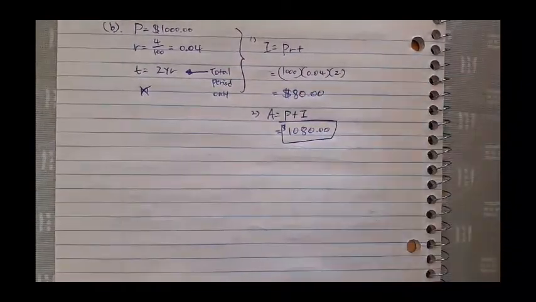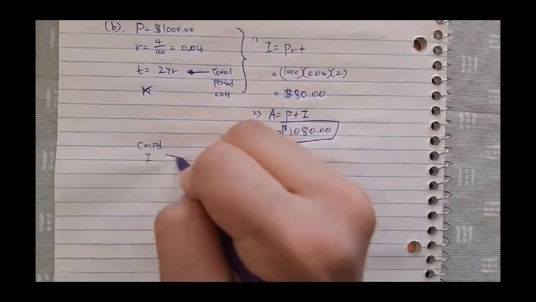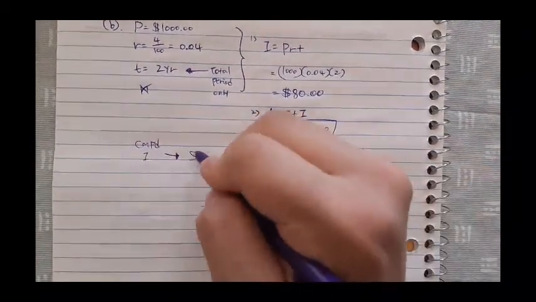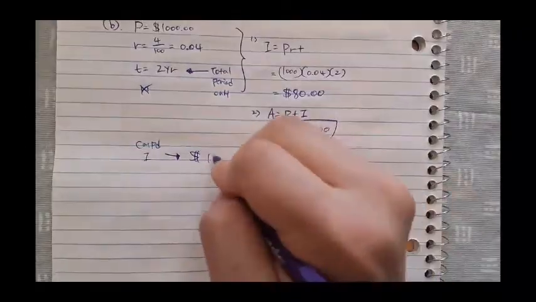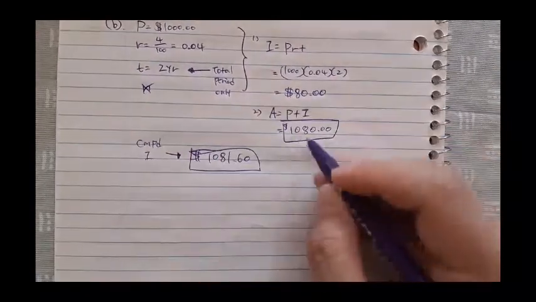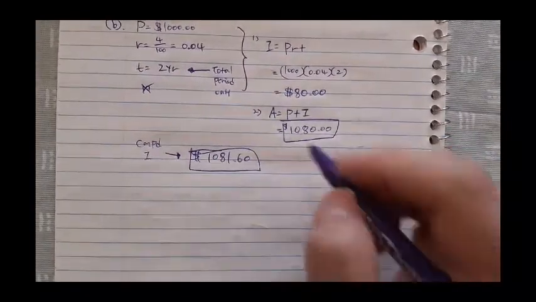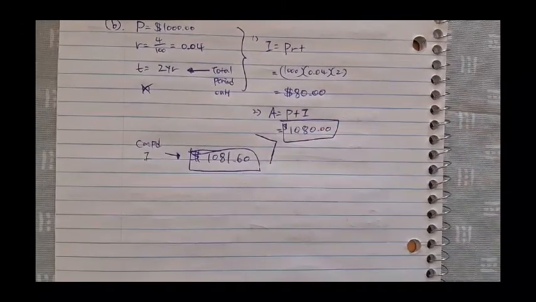If I compare my compound interest situation, that was, let me pick the previous answer, 1,081.60. If you compare simple interest versus compound interest, compound is larger. Some people may say, Mr. Kim, it's just a $1.60 difference, so I may just choose my simple interest situation.